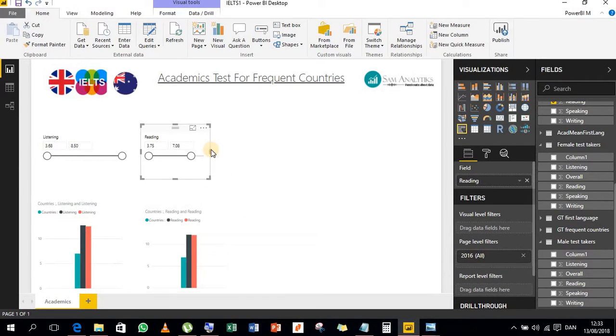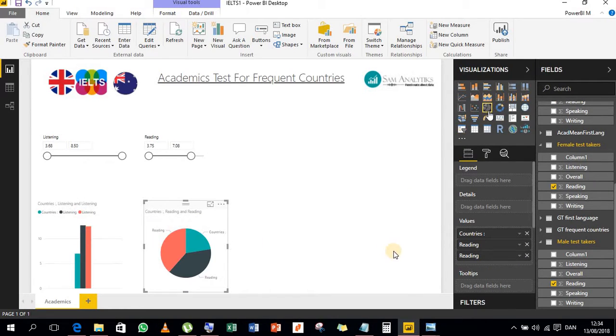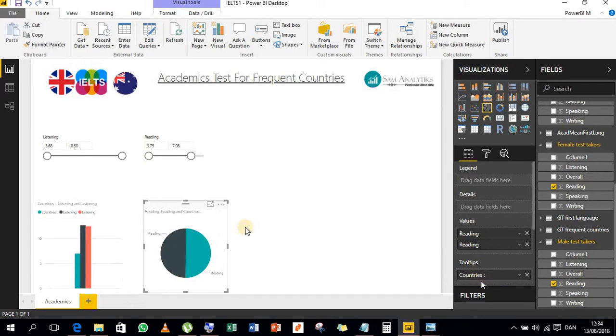And if I use this as my pie chart, which is this one, taking the countries as my tooltips, I can very well see that the reading is equally distributed into both the parts. That means reading is getting much more acclaimed by the female and male test takers, which very much pertains to show that there is no need to take the English test again and again by the people.